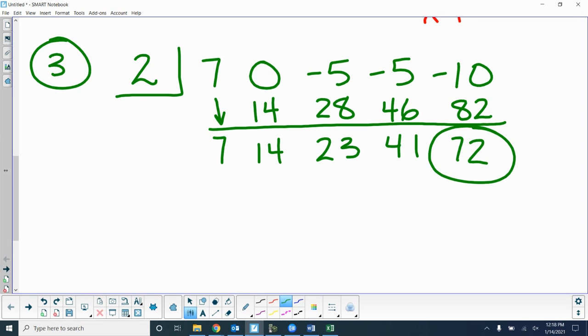No, close though. What's x? X is 2. If I substitute 2 in for the x, what's the answer? 72. That's what it's telling us. Why can't you just do the equation? Because it said to use synthetic substitution. So do it that way.